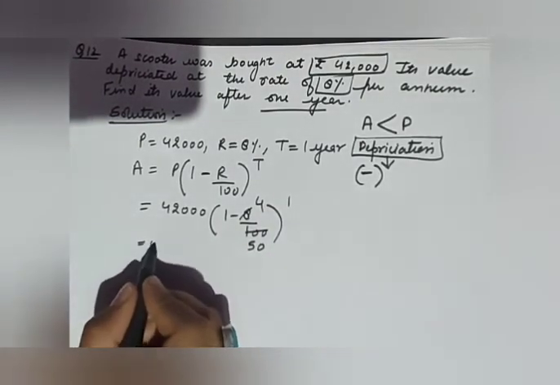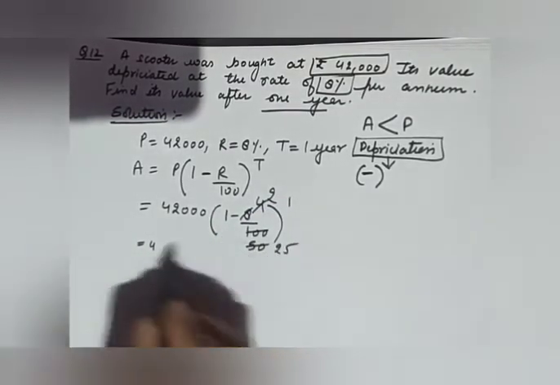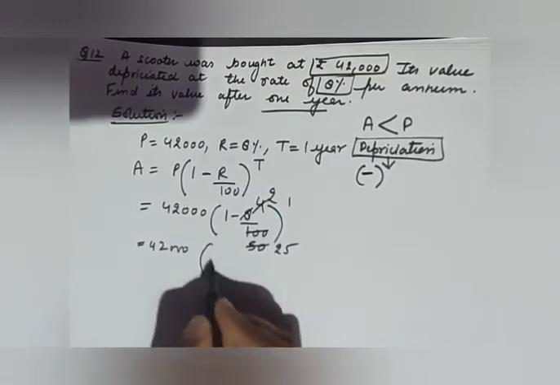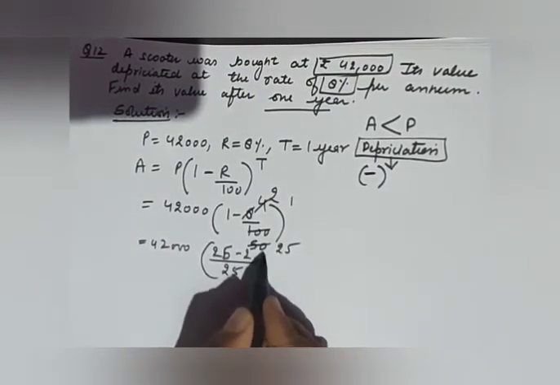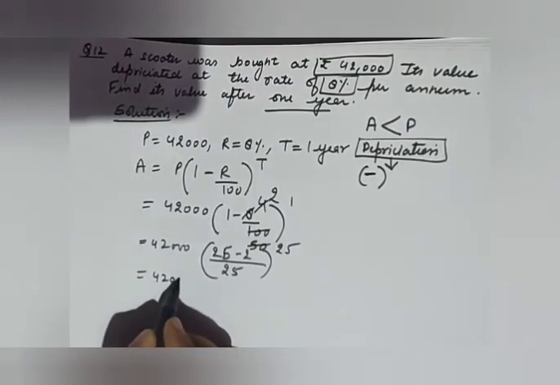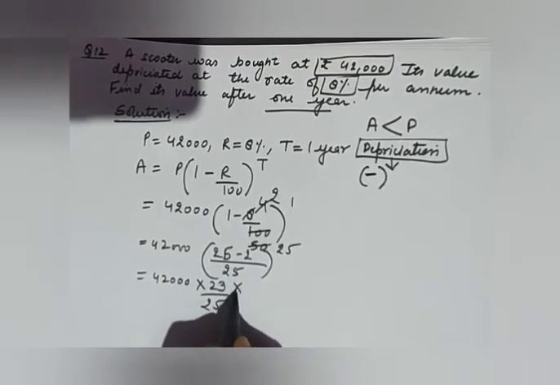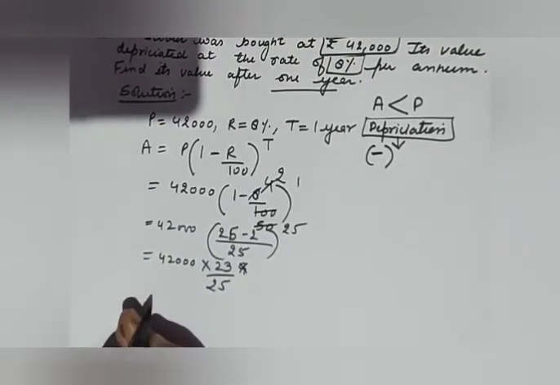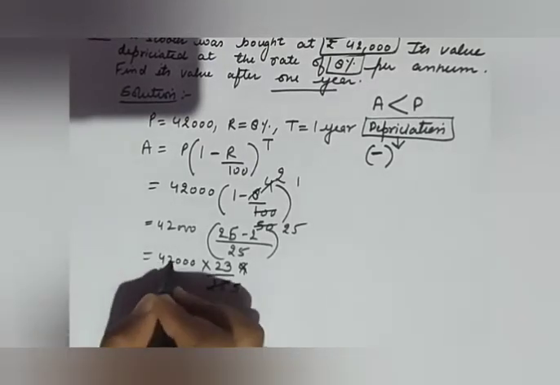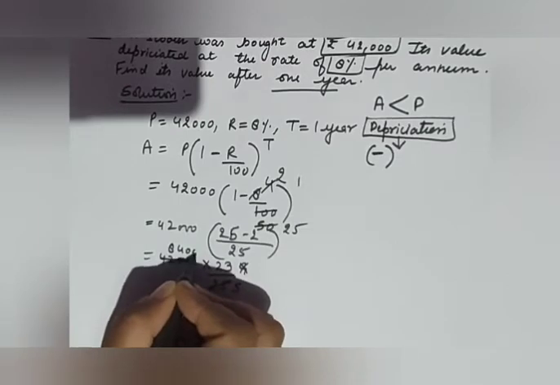So it is 4. We can also divide it with 2 upon 25. So 42,000, 25 is the LCM. So 25 minus 2. So 42,000 into 23 upon 25 into 1, only once, because here the power is 1 only. So 25 5's 25. It is your 840, right? 8400.